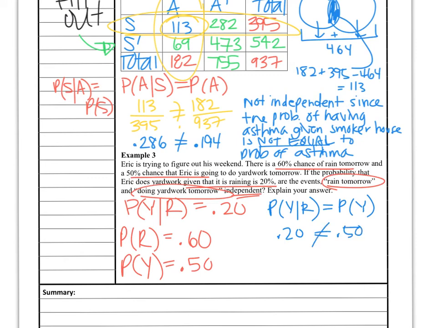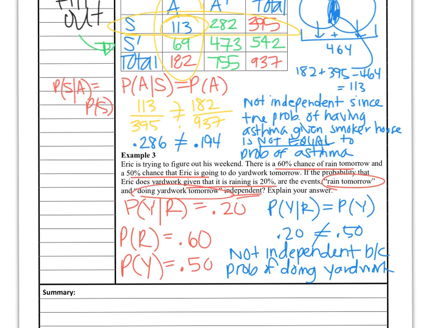These are clearly not equal, so therefore these are not independent, since the probability of doing yard work is not equal to the probability of doing yard work given that it's raining.